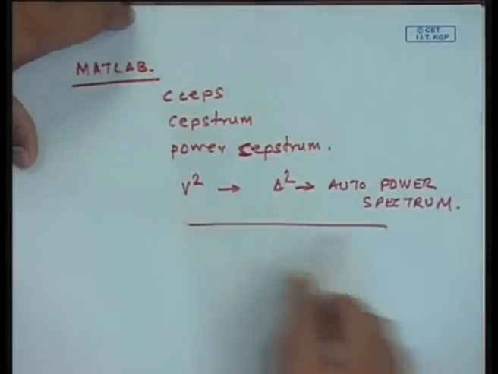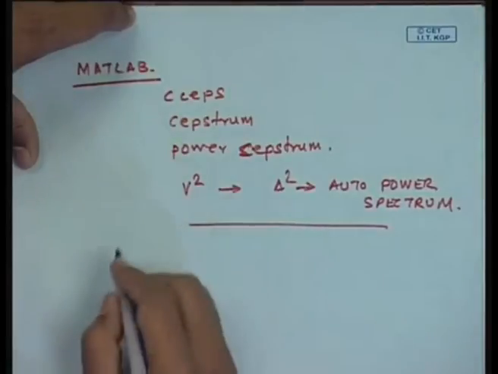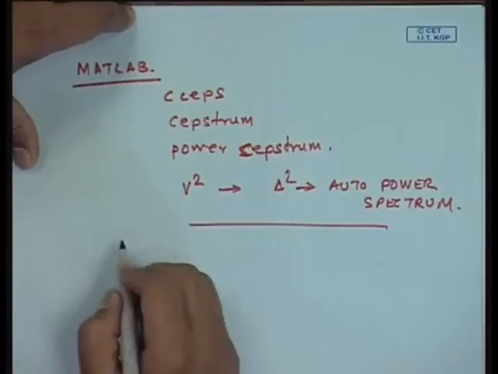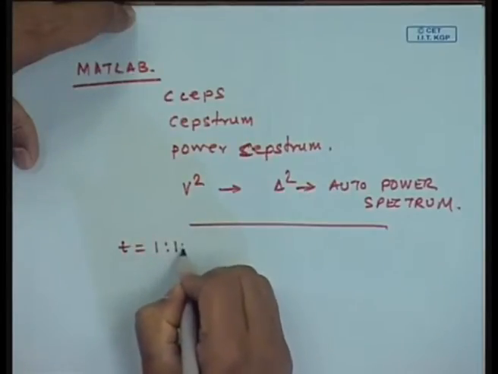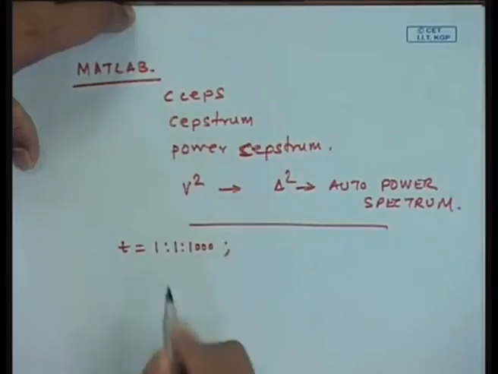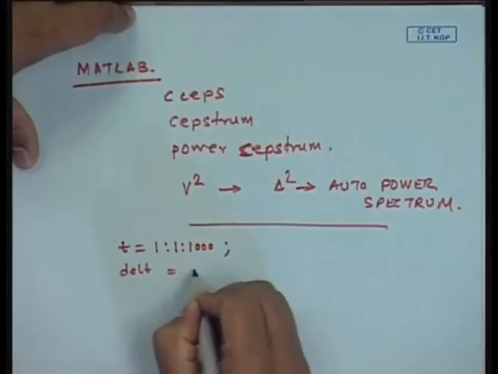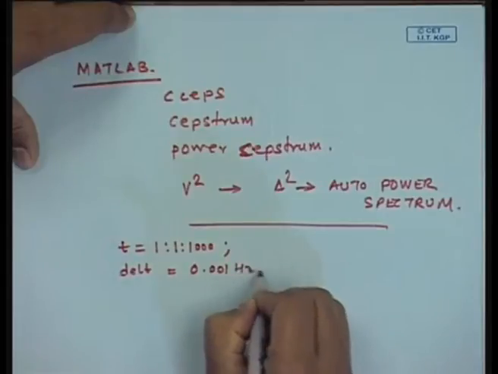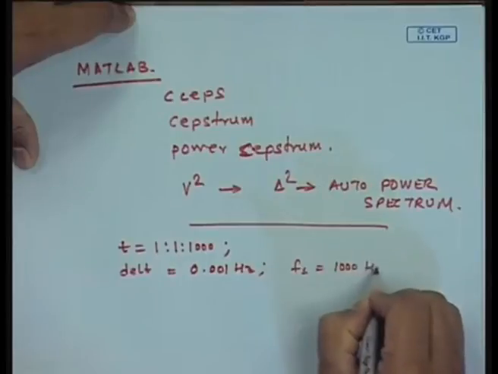But we can generate signals in MATLAB. I can briefly tell you how to generate a signal in MATLAB. For example, in MATLAB you can write your own M file, say for t is equal to... if I take del t as say 0.001, that means Fs is equal to 1000 hertz.